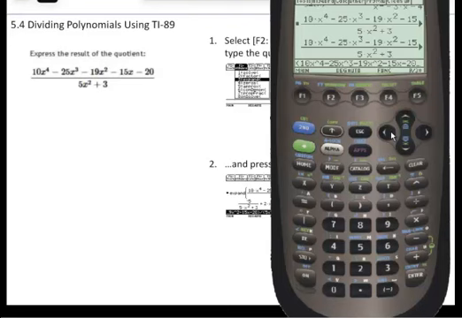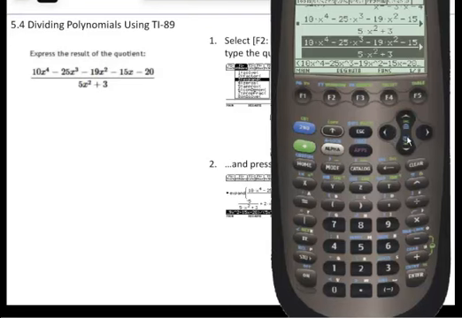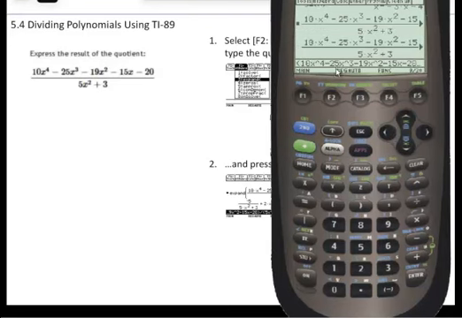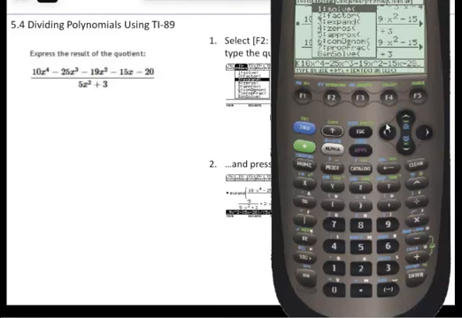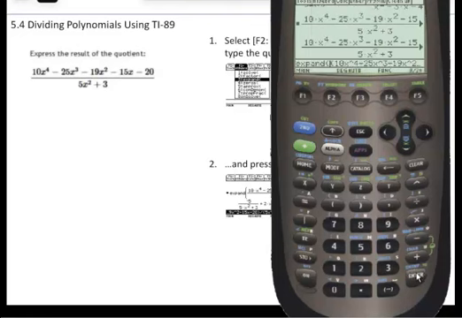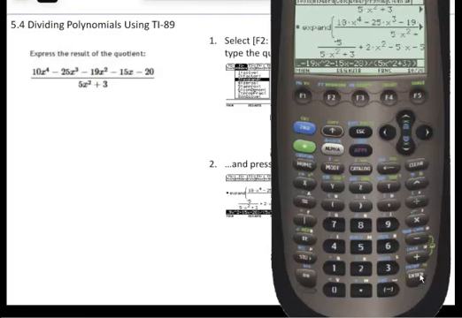So once again, I highlighted my line, hit the left cursor to get all the way in front. I'm going to insert the expand command, so F2, option 3, and then if I hit the second right arrow, it jumps all the way to the very end, I can close off the expand, and now this gives me that form.